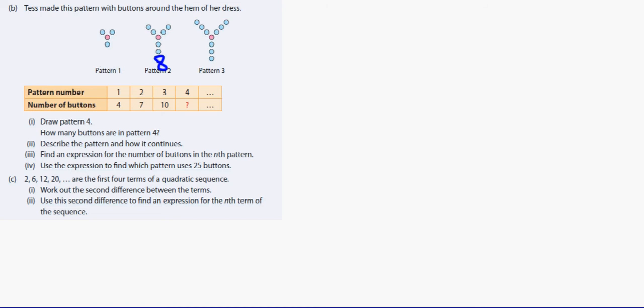The second one has 7. The next one has 10. So you can see that it's gone up 3 each time. So in pattern 4 there should be 13, and in pattern 5 there should be 16 because it's gone up 3 each time. So pattern 4 would be 1, 2, 3, 4, the red one in the center, and then 1, 2, 3, 4, 2, 3, 4.